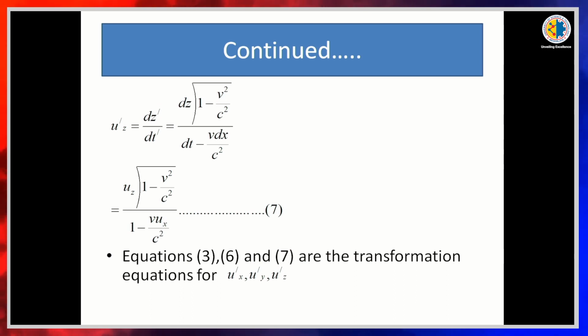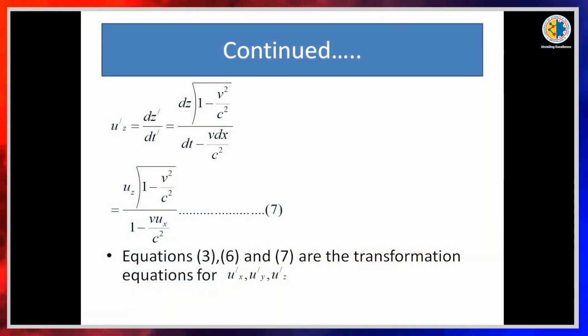So equations 3, 6 and 7 are the transformation equations for u dash x, u dash y and u dash z. In the case of Galilean transformation, or low velocity, we apply the Galilean transformation, and the velocity transformation equation is u dash equal to u minus small v, which we just derived.